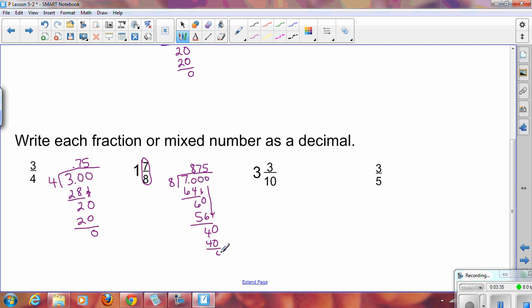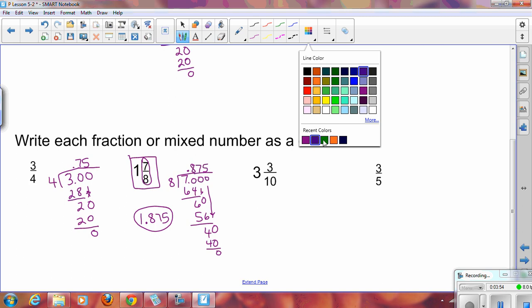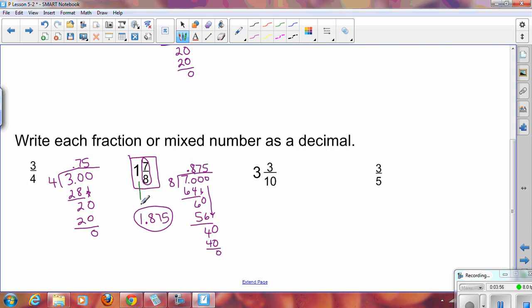So you get a remainder of 0. 0.875 is 7/8. But we're talking about 1 7/8. So our answer is actually 1.875. Okay, our whole number goes right there. You don't have to do anything with it, but stick it before the decimal point.